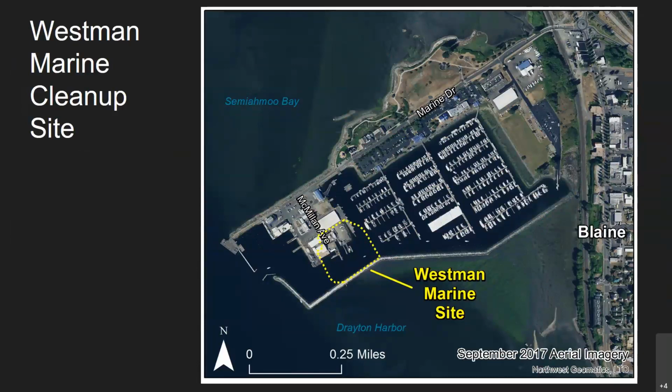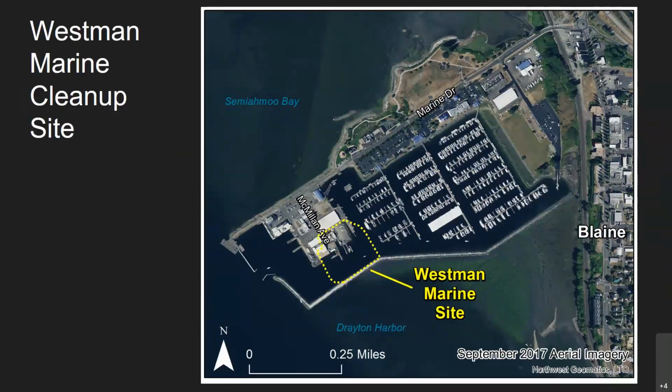Used compounds and anti-fouling chemicals and that sort of thing were toxic and actually fell on the ground and so affected the upland soil there. And then those activities actually contaminated the sediments, the nearshore sediments around the marine slip there.